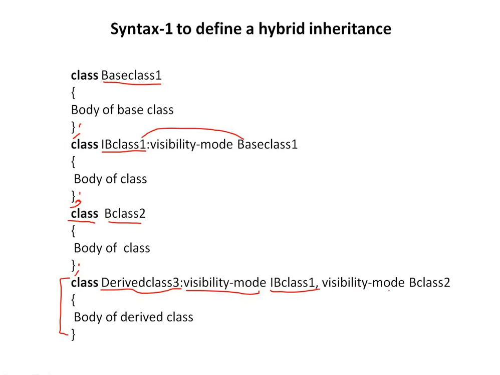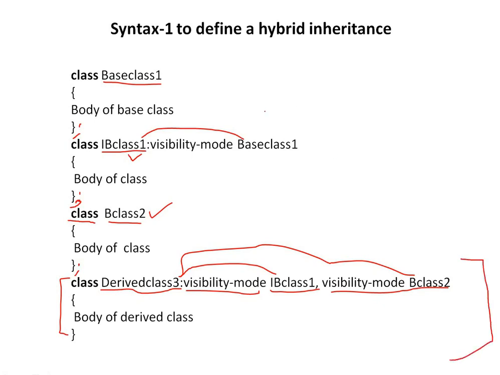Visibility mode is followed by base class 2. Base class 2 is this one. What is IB class 1? This is IB class 1. Here the derived class inherits the properties of the IB class 1 and the properties of the base class 2 by using visibility mode. So here this syntax represents what?